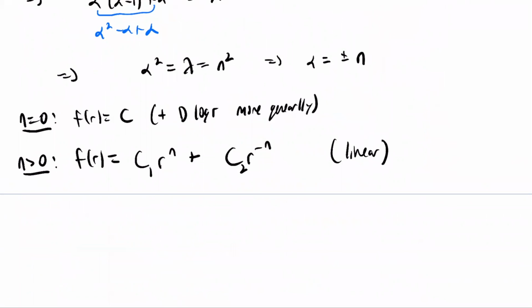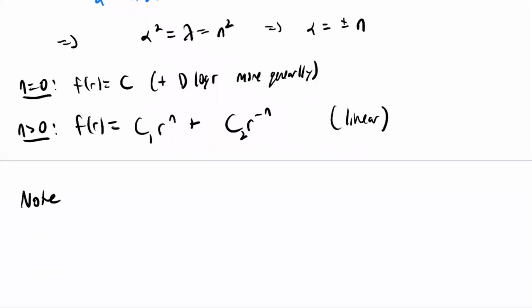So why didn't I do this initially? Like, why haven't I spent more time precisely deriving this log r term? Well, we'll notice that r is allowed to be equal to 0 in our domain, right? Because the disk is centered at the origin, right?